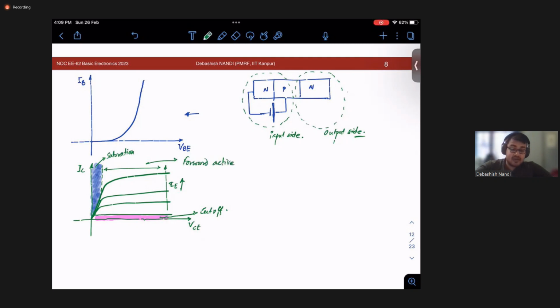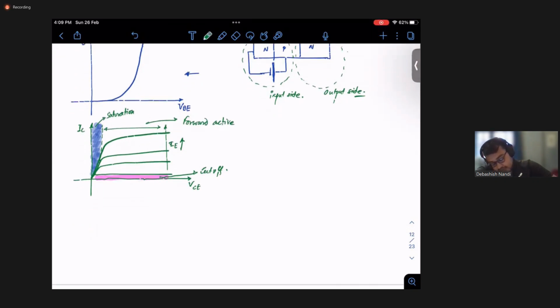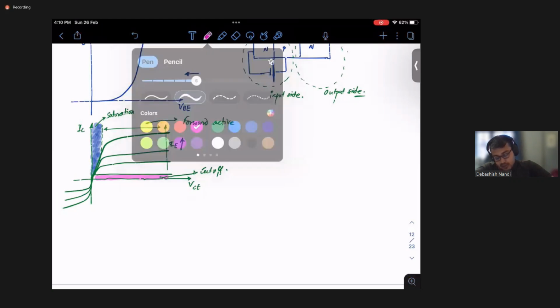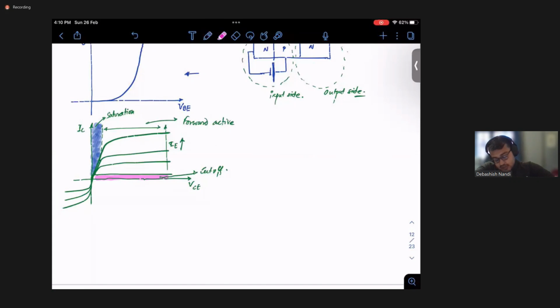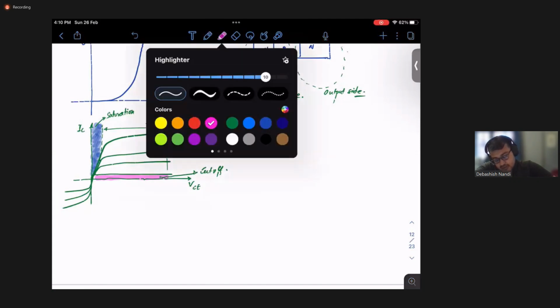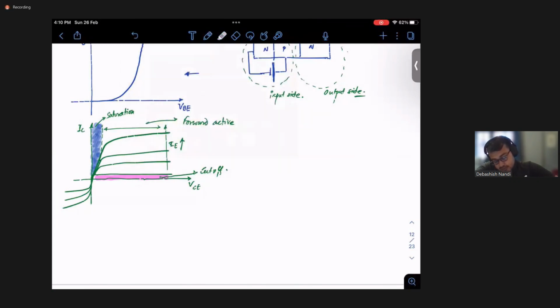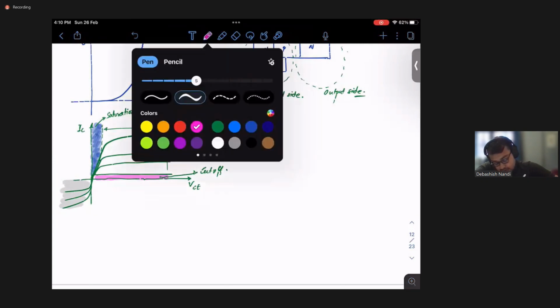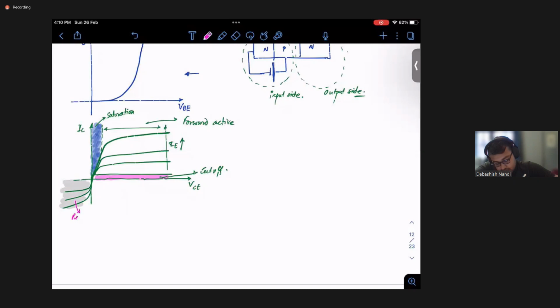What about reverse active? If you just keep the VCE negative in this case, you will find this kind of plot. So this region is basically your reverse active.